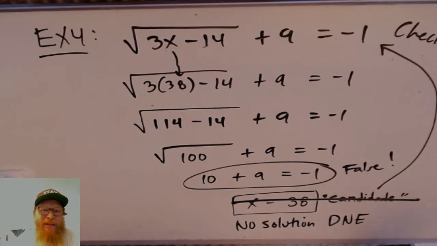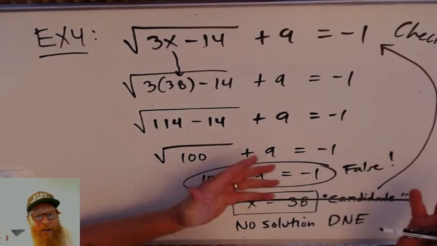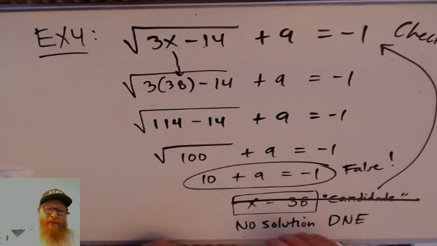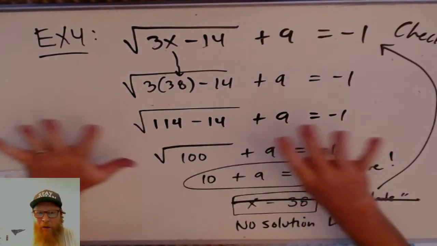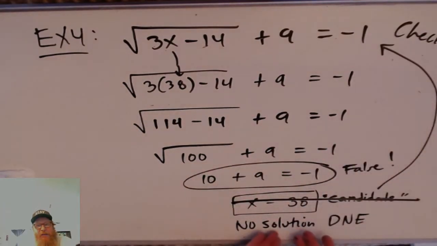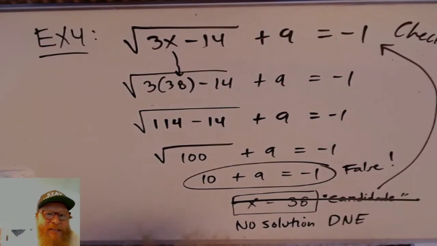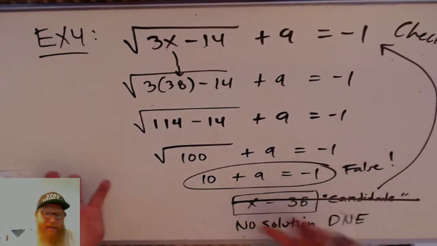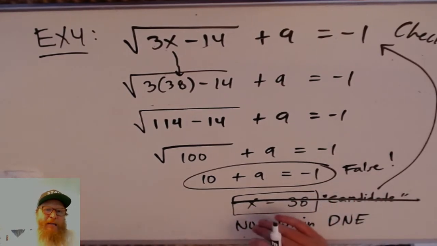Math is a human subject, and so it's fallible. It could lie to you. It could tell you the truth. You could follow all the rules and do all the mathematics perfectly, and still you get no solution. You get DNE. That's just the nature of the subject. So we just accept that fact, and we work within the system that we have. We do the best we can with what we got.